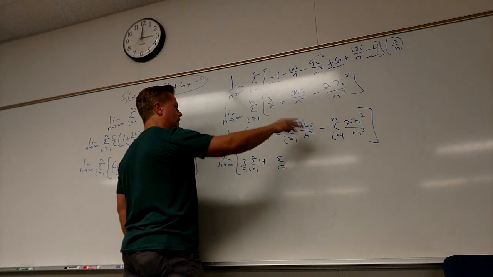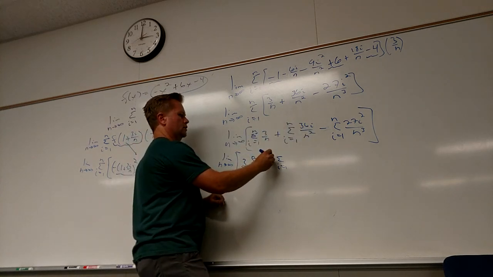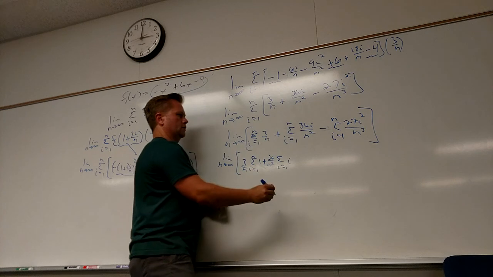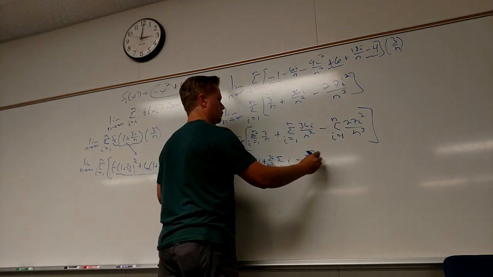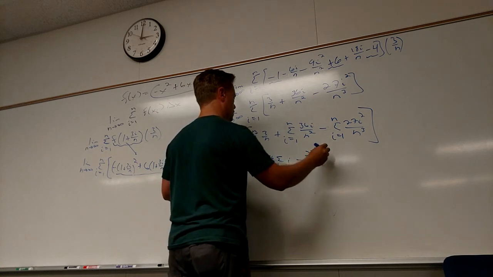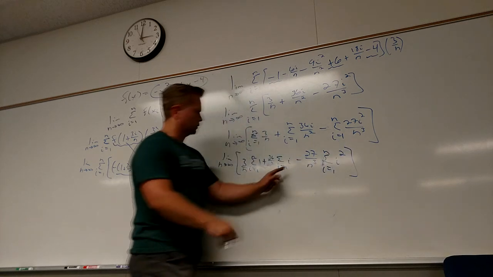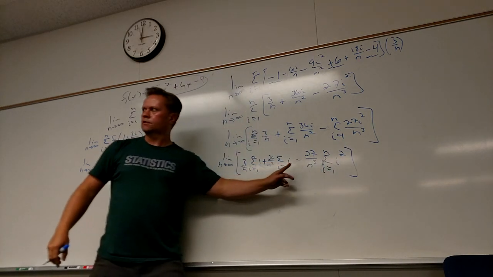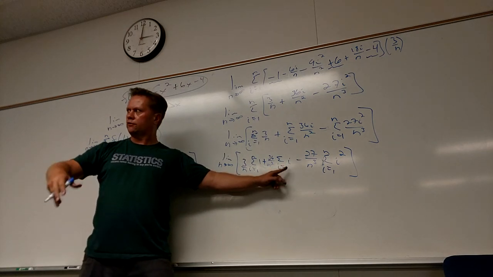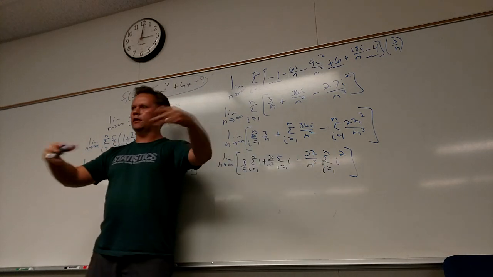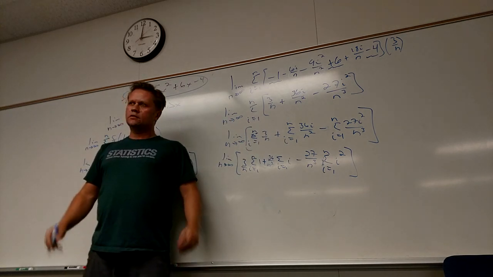What's the only thing that's not a constant according to this? i. So I get 36 over n squared times the sum of i. Minus 27 over n cubed times the sum of i squared. And now you start to see why I was talking about those summation rules, right? I can replace this with n times n plus 1 over 2. I can replace this with all that gobbledygook over 6. So this is kind of huge.